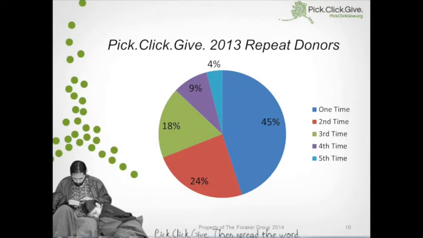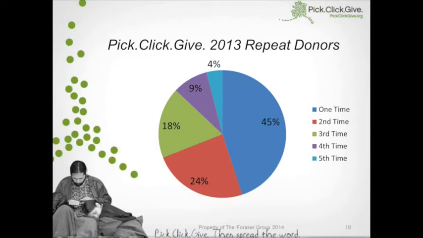And so also an area that we see in that earlier slide, that 11%, 65 or older, that might be a contributing factor to that population not contributing through Pick.Click.Give because they could be filing paper applications. But that's true for all the population. So if they're choosing to apply through the paper format, then it's not an option.